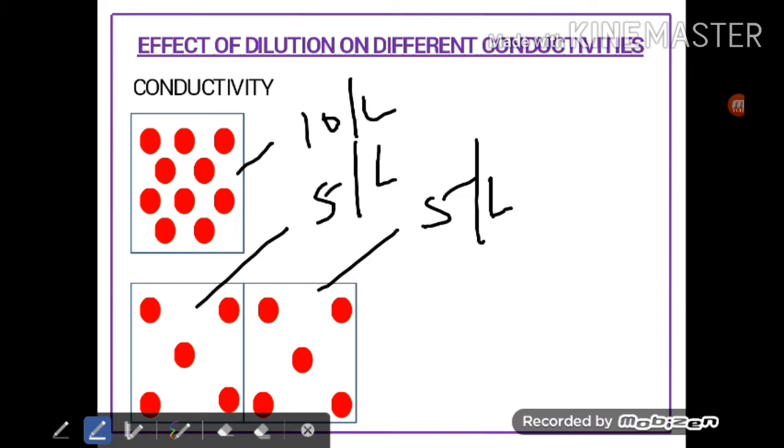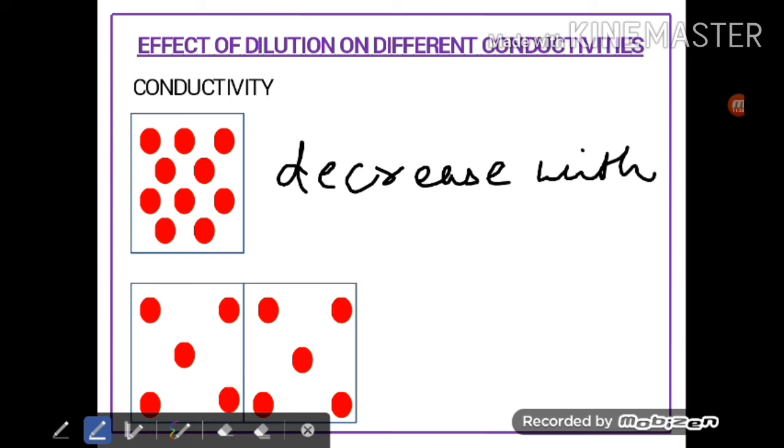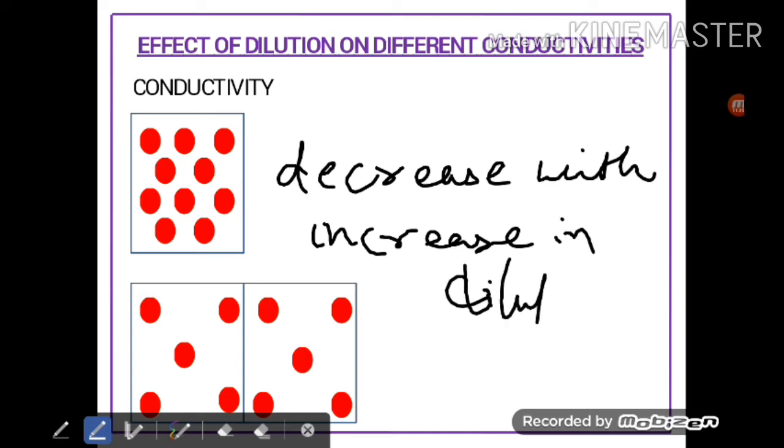So what is the effect of dilution on different conductivities? First talk about conductivity. Conductivity decreases with increase in dilution.